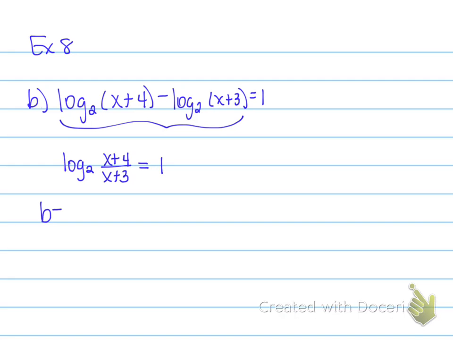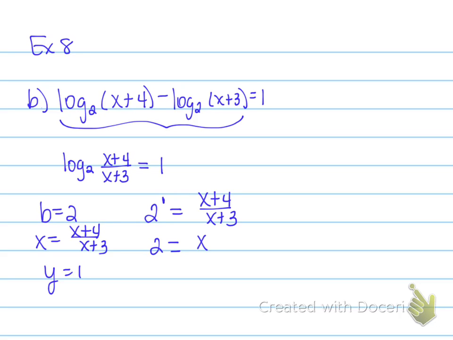Well, now we know our base is 2, our x is that fraction, x plus 4 over x plus 3, and our y is 1. So when we set this up into exponential, we get our b to the y equals x. Remember, 2 to the 1 is 2.